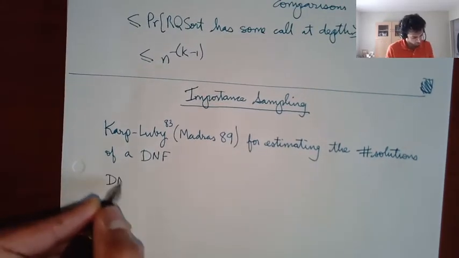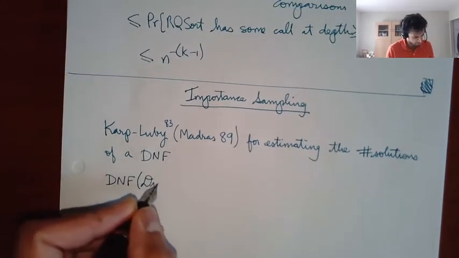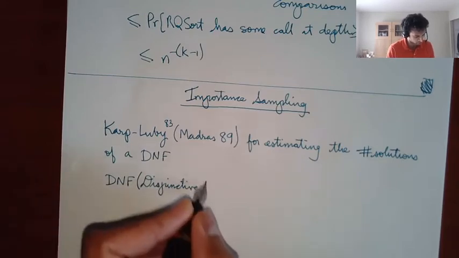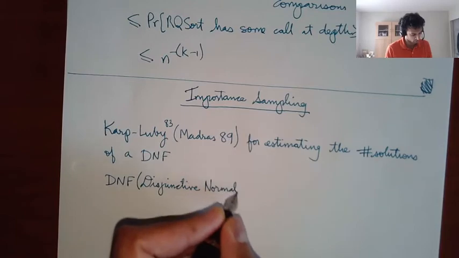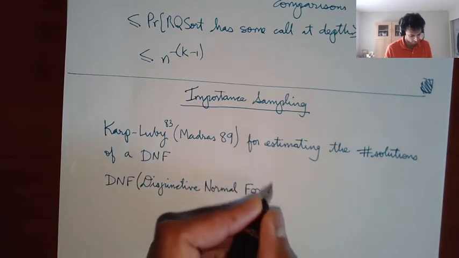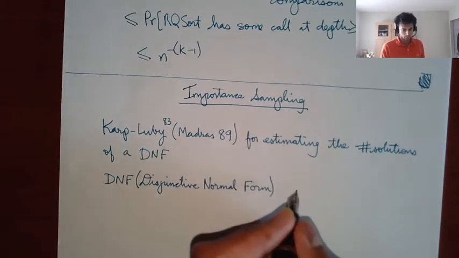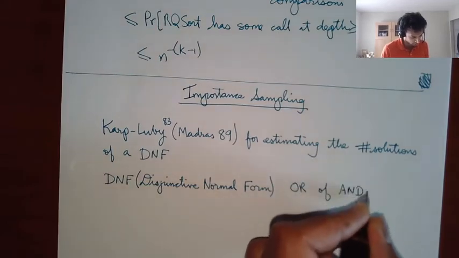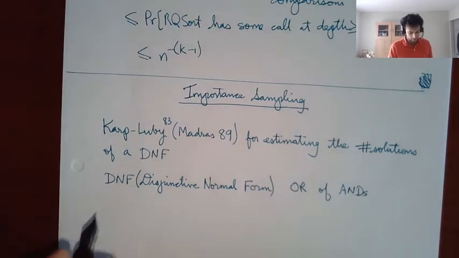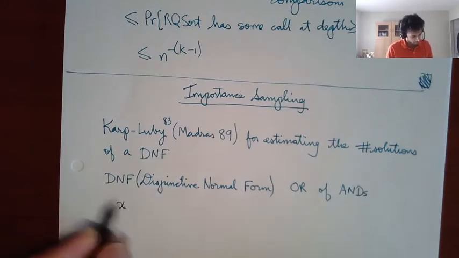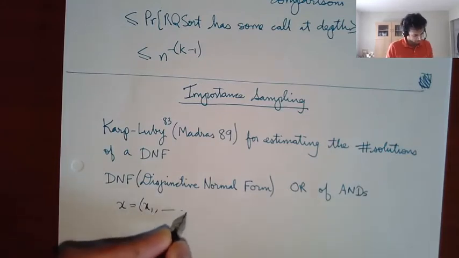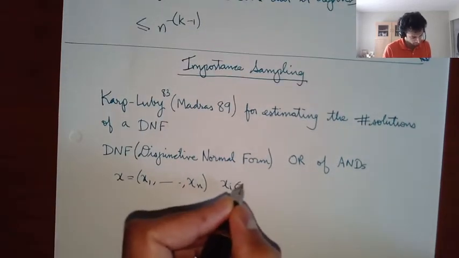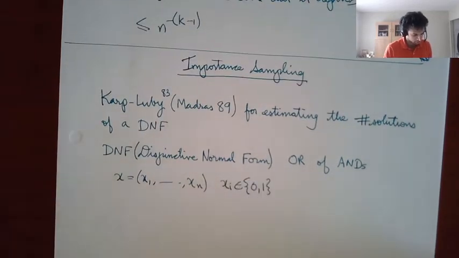So recall that a DNF, disjunctive normal form, we can think of as an OR of ANDs. So we'll think of our variable x going from x1 to xn. The xi's are Boolean.